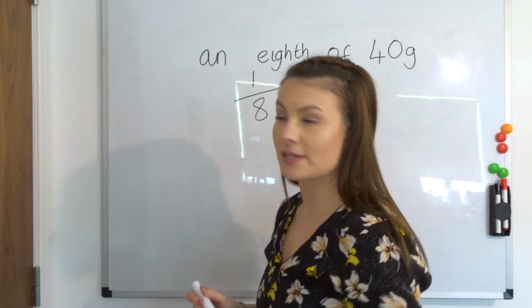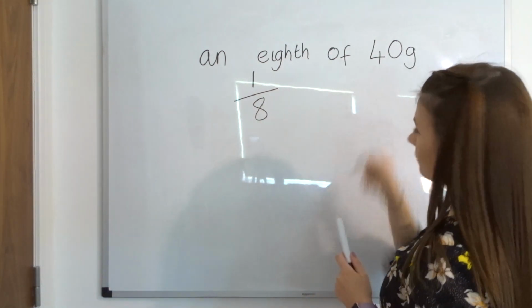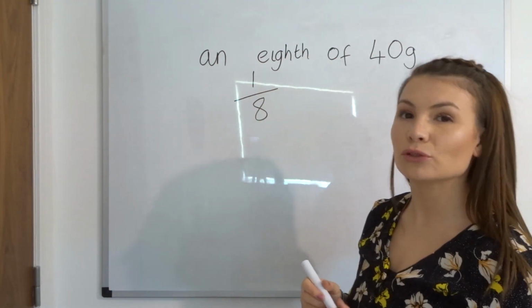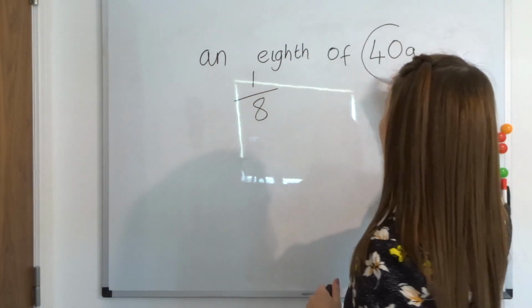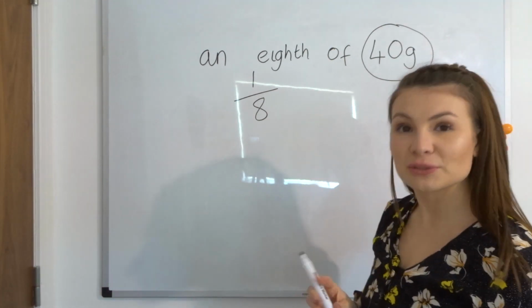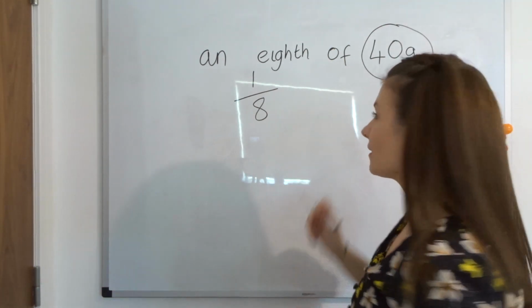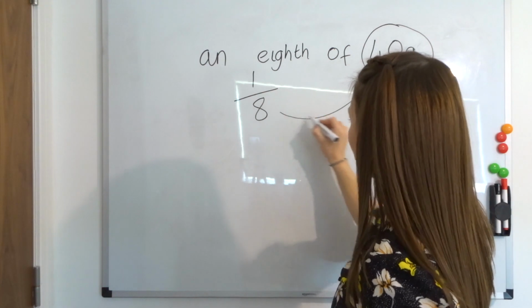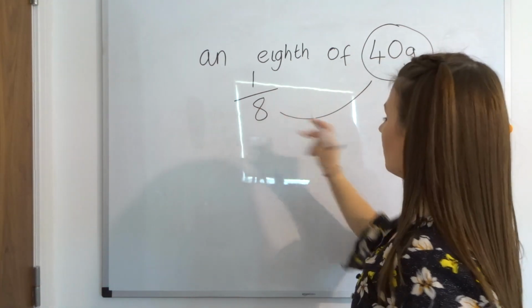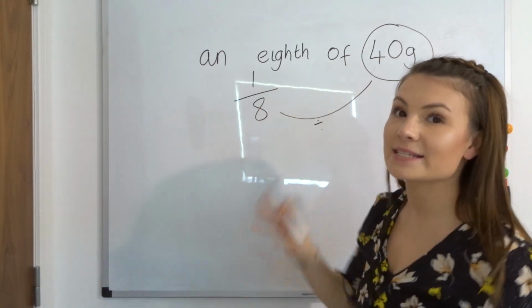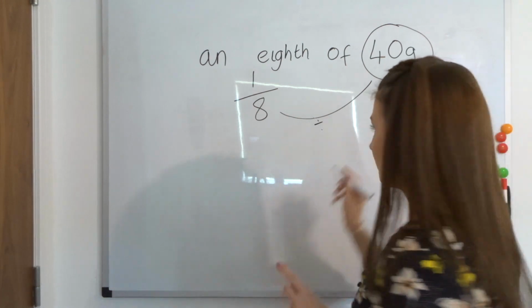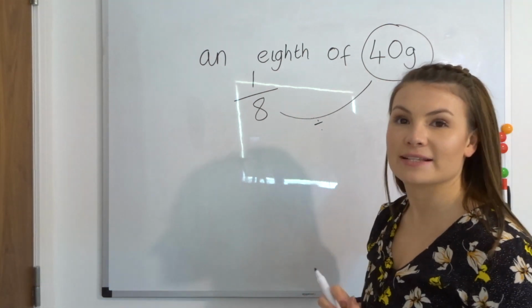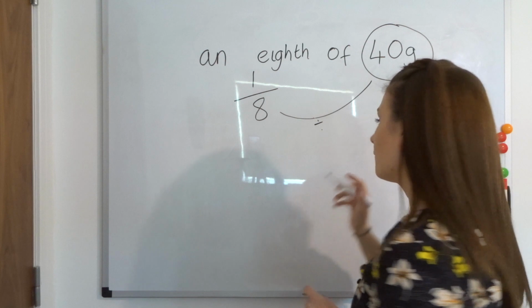Okay, let's go through this together. So we're finding an eighth of 40 grams. So what do I need to do to my whole number first? Good, I need to divide it by the bottom. So divide it by 8. So divide it into 8 equal parts. 40 divided by 8 is 5.